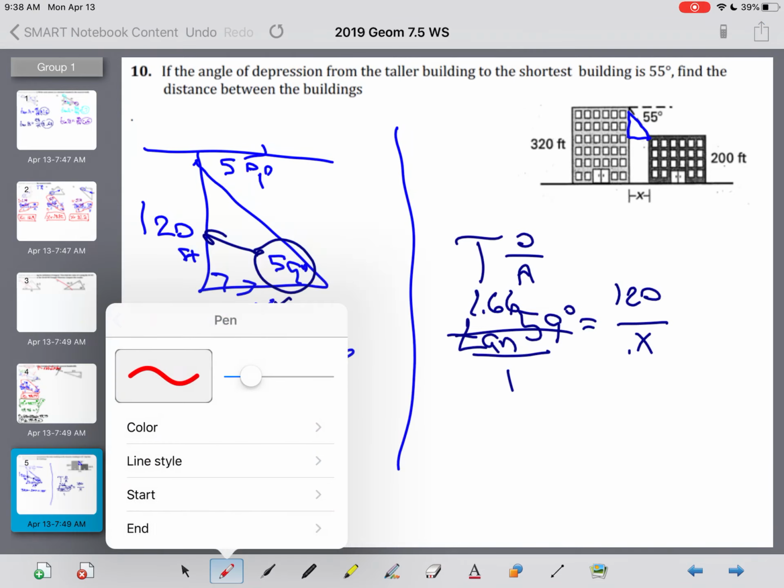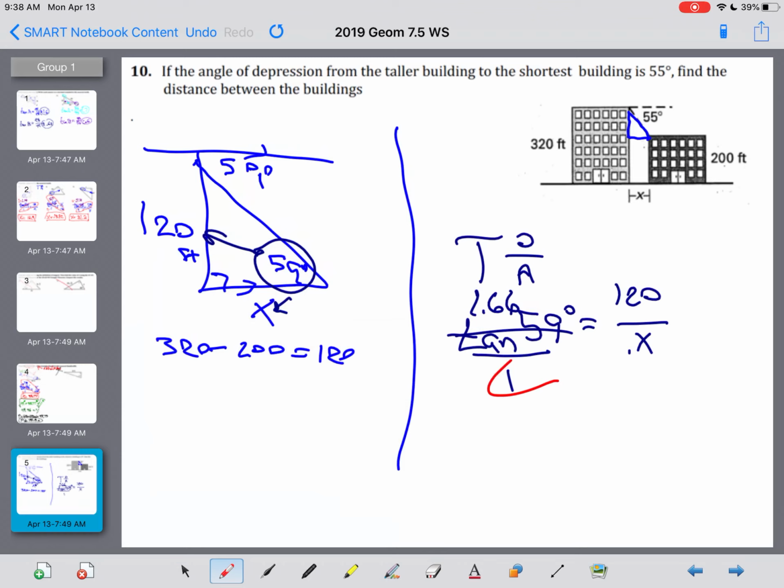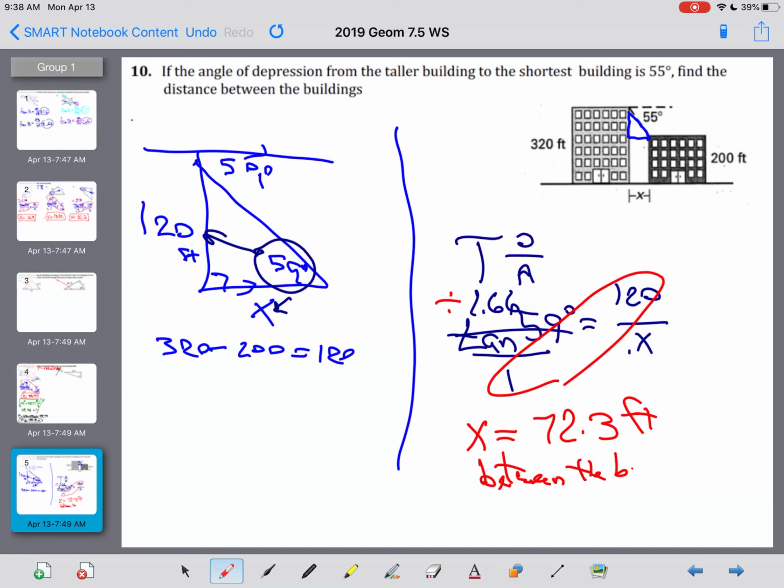And then if we do the teacher approved shortcut, we're going to take 120 divided by 1.66. So the distance between the buildings is going to be 120 divided by 1.66. So we get 72.3 feet rounded, and that's going to be between the buildings.